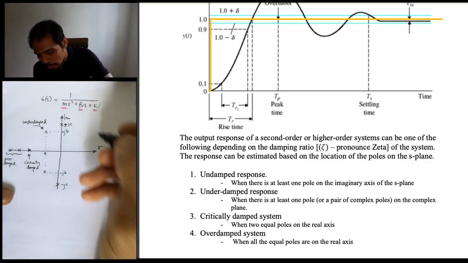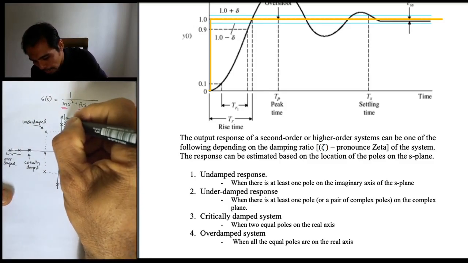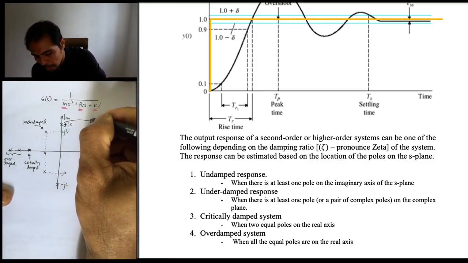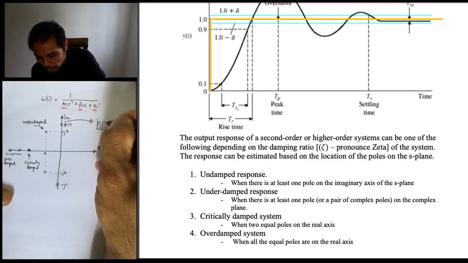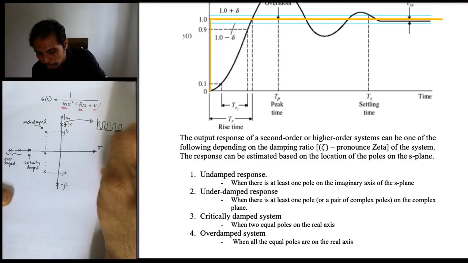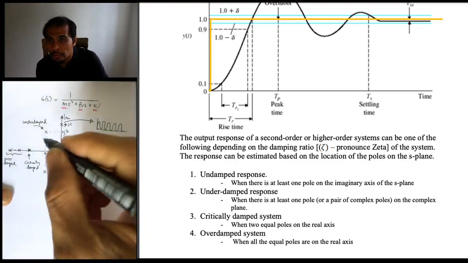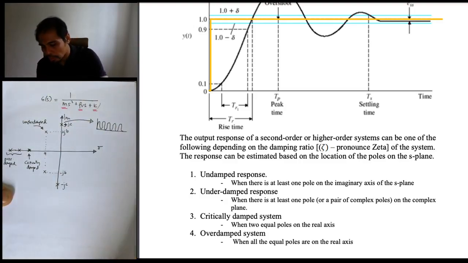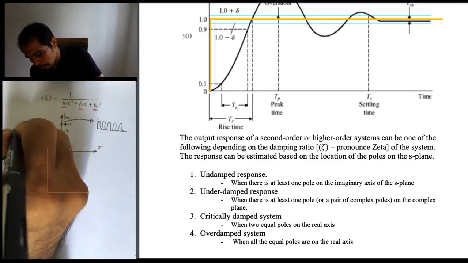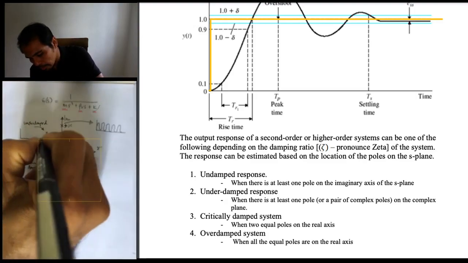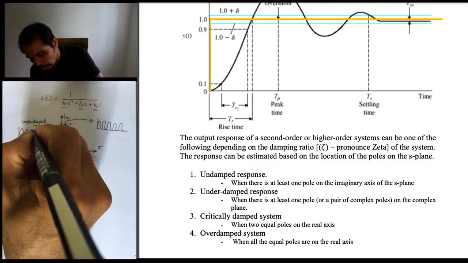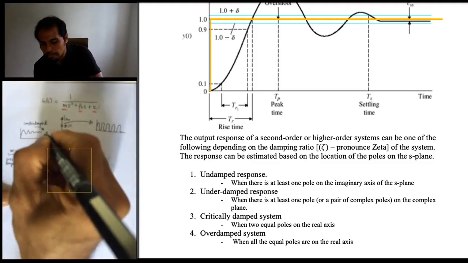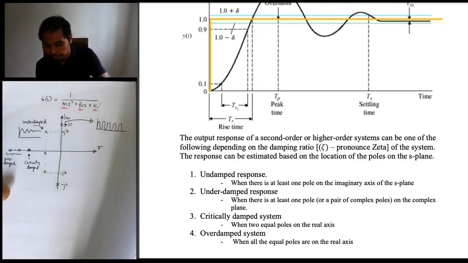combination. So for an undamped system, with no damping, we would expect something continuous, right? Because when we provide some input, the system will oscillate continuously. But for underdamped systems, when we provide some input, we expect some oscillations, and then it will settle down because there is some damping there, okay?